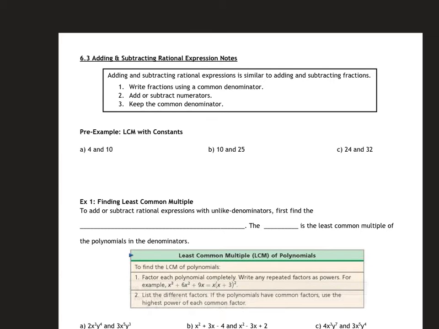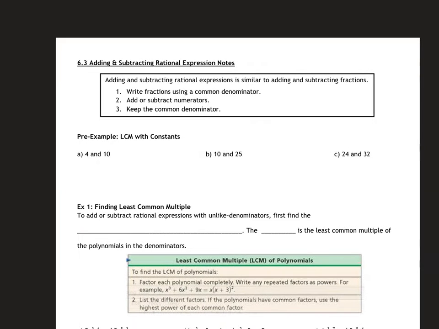So, if we think about this, if I was going to do 3 over 4 plus, let's do 1 over 3.